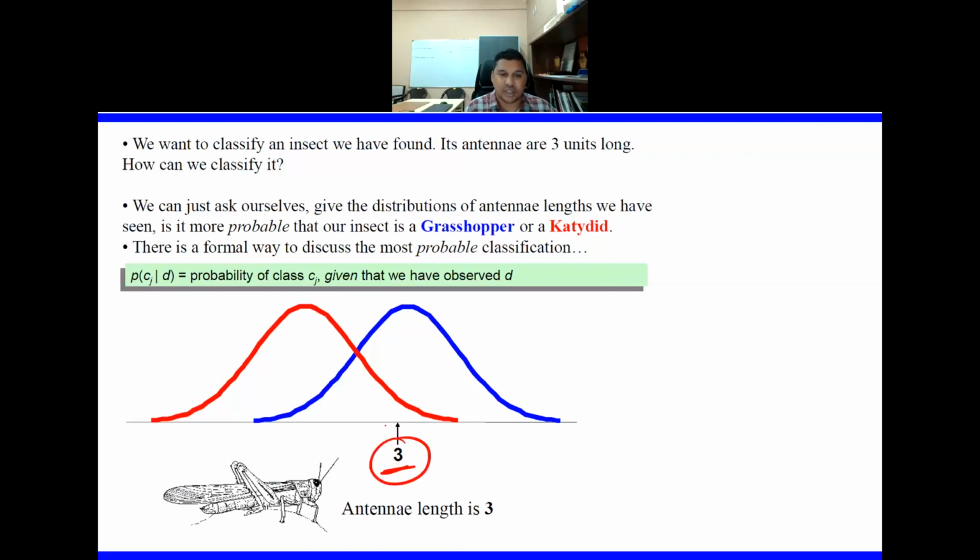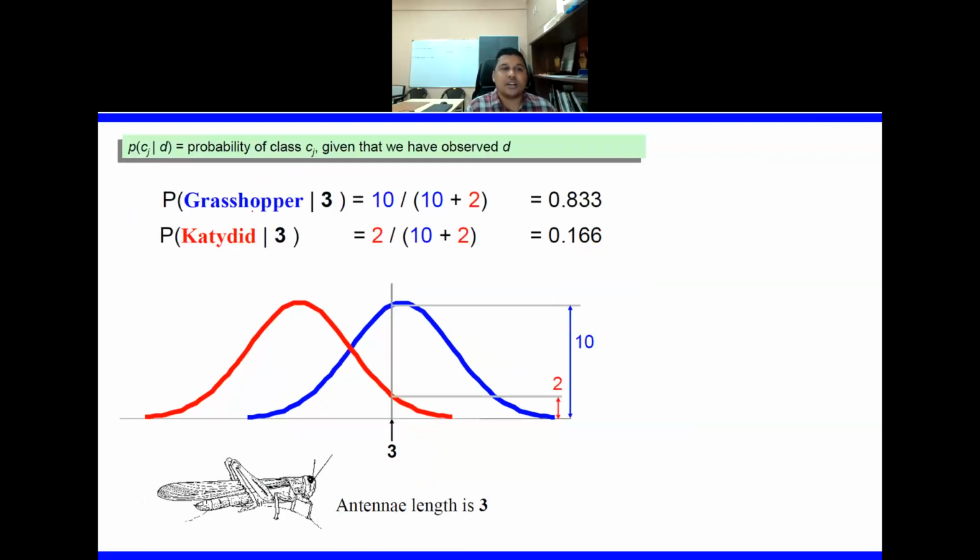So what is the region it is covering? If we try to draw a line here, in this distribution this is a very small value, whereas in this second distribution this is a very large value. So by this you can guess, right? It's a grasshopper, given its antenna length is 3.